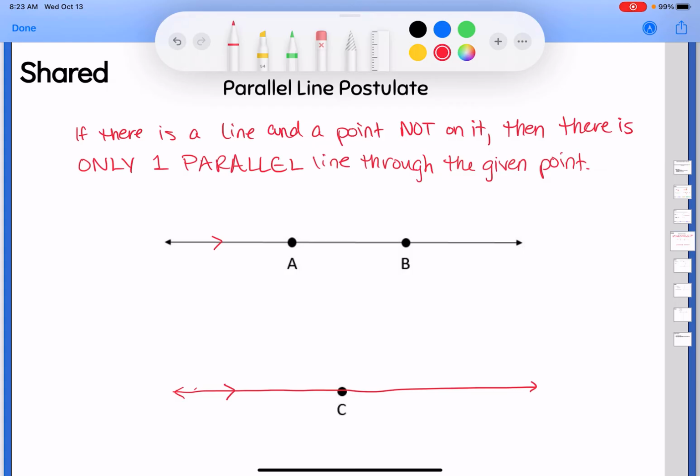Now, this could be used in a proof, but almost never is.